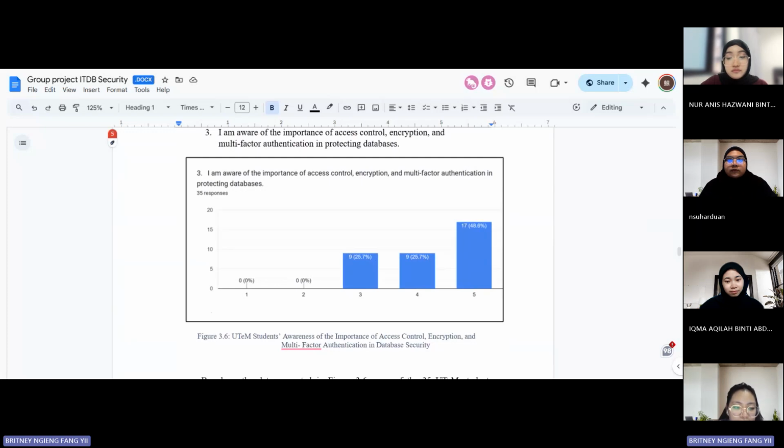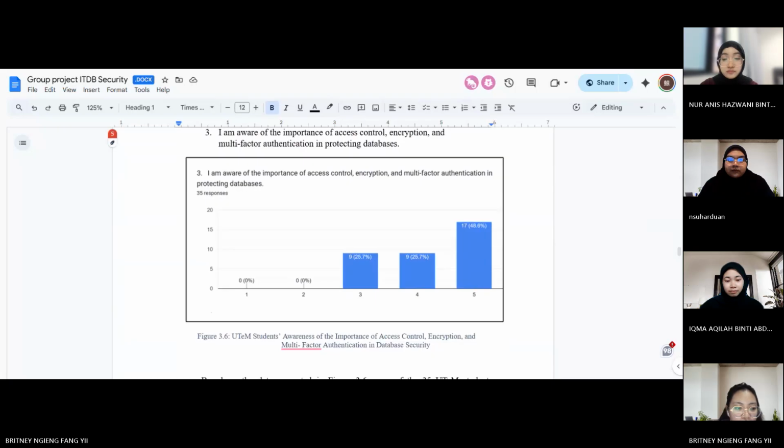The result is that mostly they agree and strongly agree that they are aware of the importance of access control, encryption and multi-factor authentication in protecting the database. A neutral stand was taken by 9 responders, 25.7%, which indicates some level of uncertainty or need for clarification regarding specific security controls. The majority of responders demonstrated a positive perspective, with 9 individuals, 25.7%, agreeing, and 17 responders, 48.6%, strongly agreeing with this statement.